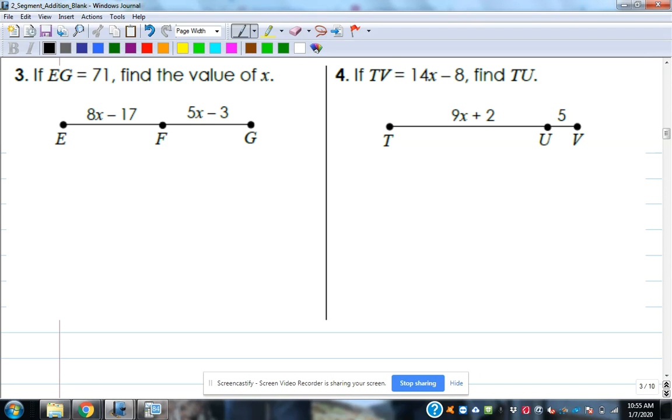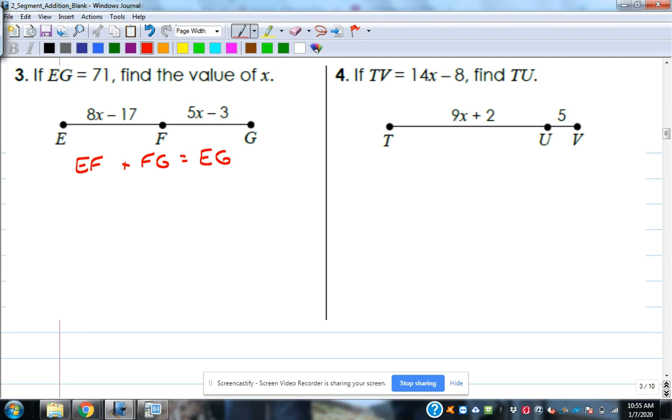So what's the equation that we set up? Right. So your original thing is EF plus FG is equal to EG, right? That's what the segment addition postulate says.